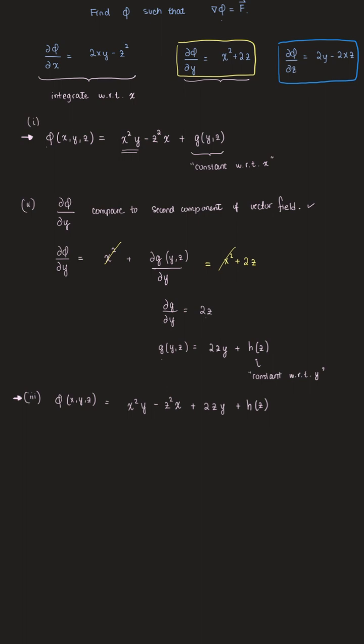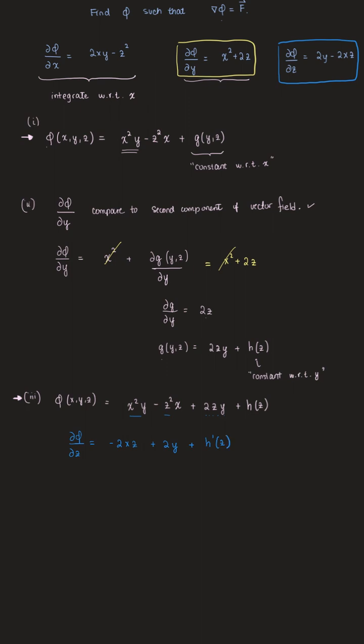So we're going to take our phi, and I'm going to take the partial of phi now with respect to z. When we do that, the first term is 0. The second term is going to give us a negative 2xz. Third term, partial with respect to z, is going to be plus 2y plus the derivative of this function with respect to z.